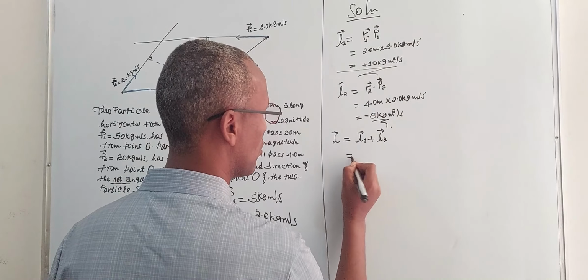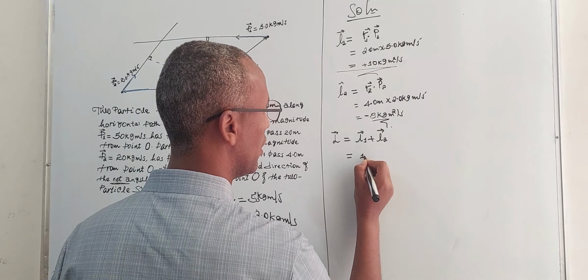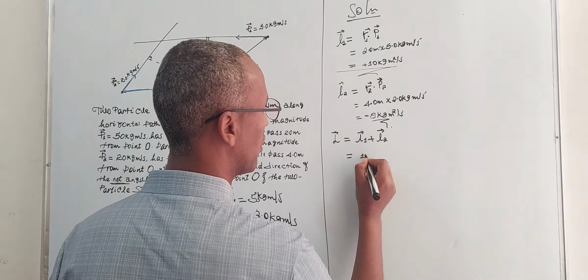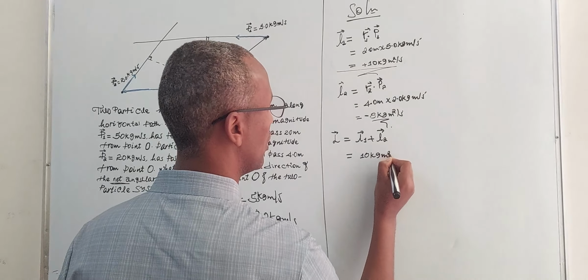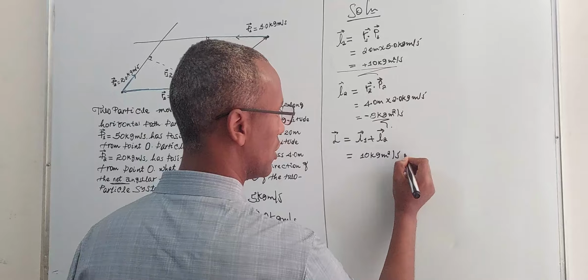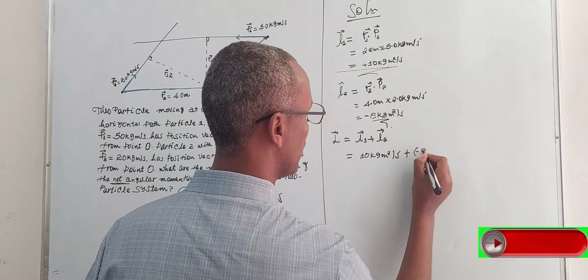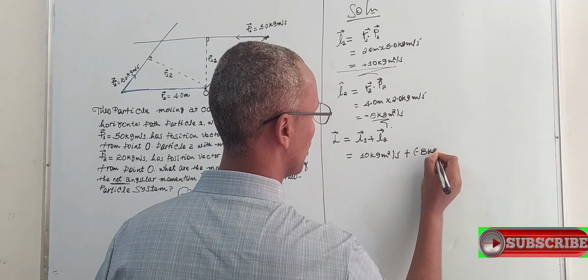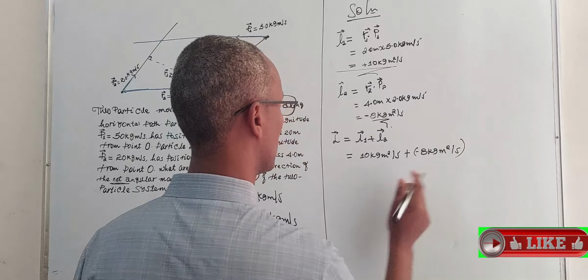Angular momentum 1 is 10 kg meter square per second, plus this one is negative, which is 8 kg meter square per second. This is what you need to do.